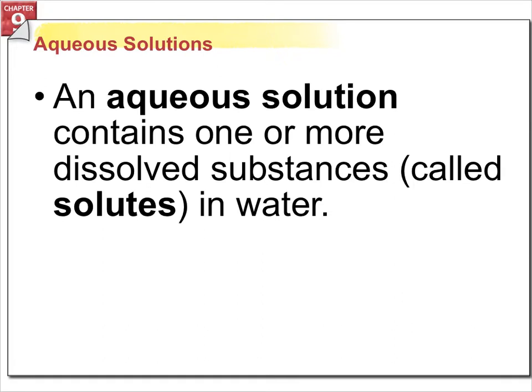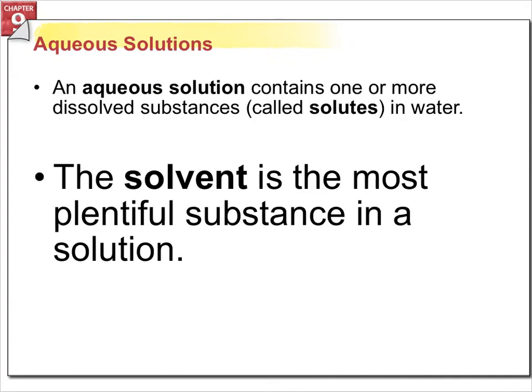An aqueous solution contains one or more dissolved substances called solutes in the water. So our solvent will be the water, the solute will be whatever we put into it. So if we're making salt water, the solvent will be the water, it's an aqueous solution. The solute will be the sodium chloride, the salt that we put in there.